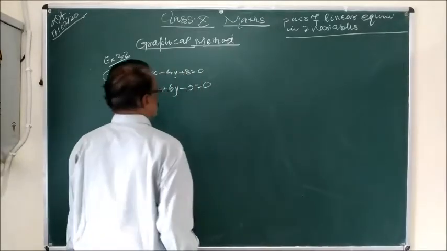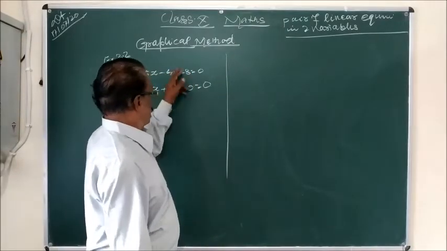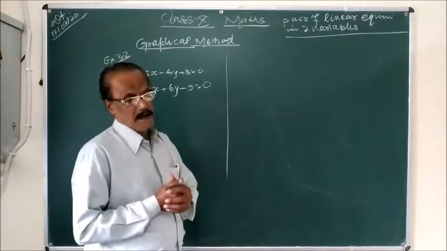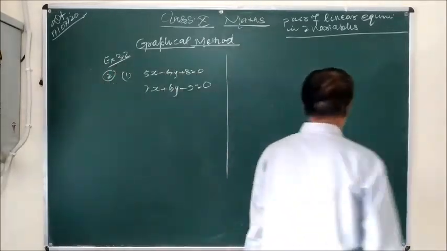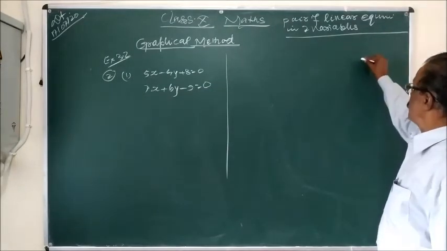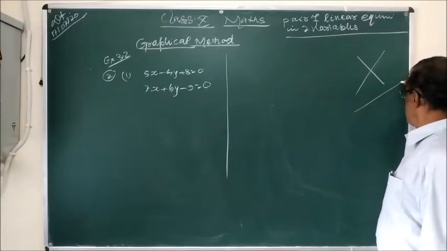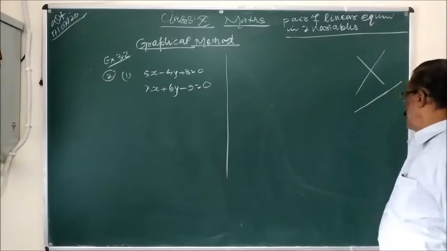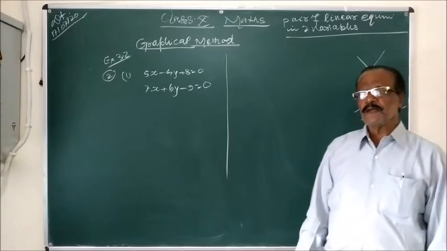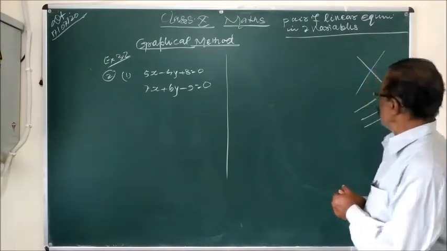My dear students, when you draw the pair of linear equations, you get two straight lines. For these two straight lines, there are three possibilities: either the lines may be intersecting, or coinciding, or parallel.